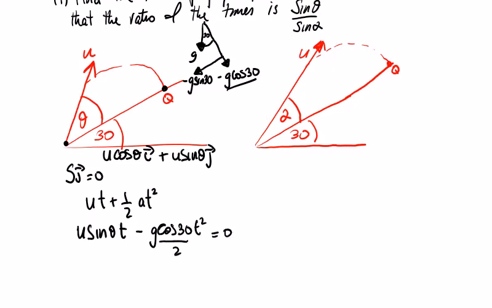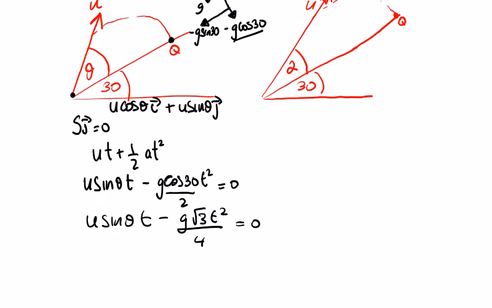So if we solve for two values of t, we get u sine theta t minus, cos of 30 is root 3 over 2, so that's going to give me g root 3 t squared, and there's 2 by 2 on the bottom, so over 4. Factoring out t, I get t times u sine theta minus root 3 over 4 gt equal to 0.